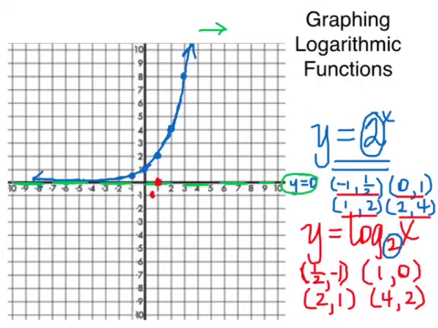And all parent functions of log functions will have their point going through (1, 0), just like all the parent functions, whether they were growth or decay, their original functions always went through (0, 1) on exponential functions. Well, log functions are now always going to go through (1, 0). Then we have (2, 1), and we have (4, 2). And eventually we'd have an (8, 3) out there, just like we had a (3, 8) on the other one.